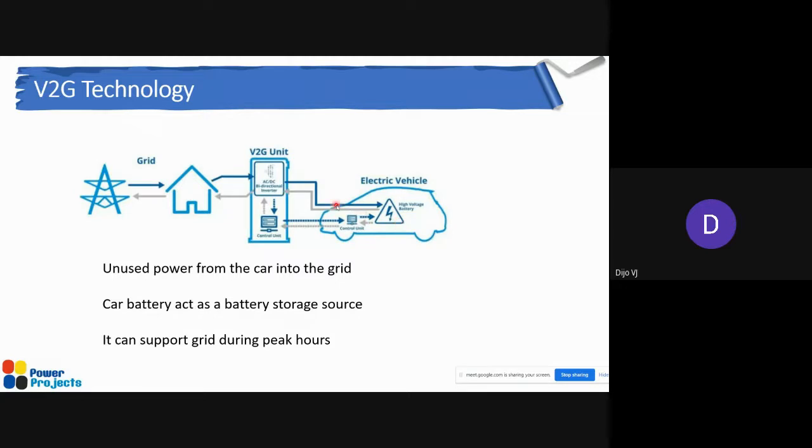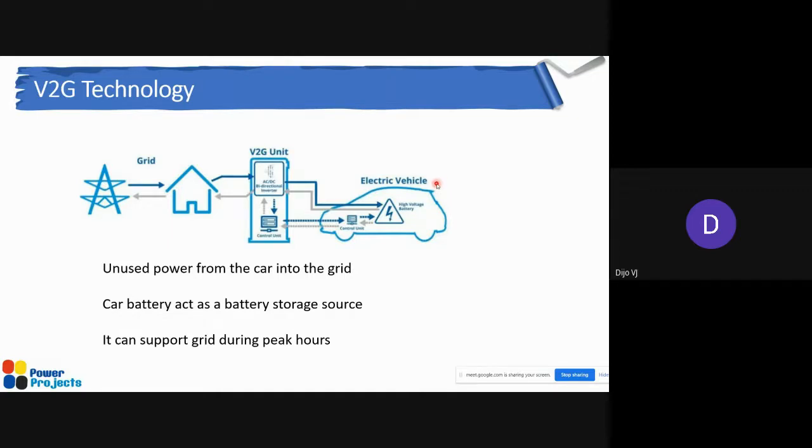That's another technology available to improve the power quality during peak time as a support. And some battery storage also, not electric vehicle, some standalone battery storage can also help during peak time to meet some power requirement.